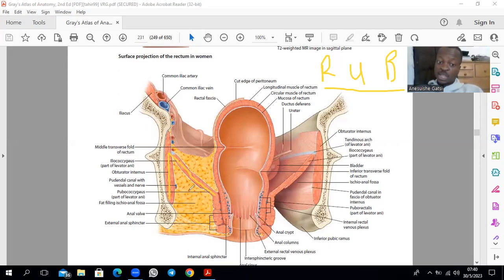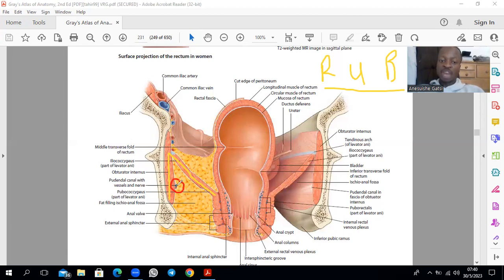This ischiorectal fossa is filled with fat, and the content of the ischiorectal fossa, we have the pudendal canal on the lateral wall, this one. And within your pudendal canal, you expect to have pudendal vessels and nerves. So there are the internal pudendal artery, internal pudendal vein. There's also the pudendal nerve.